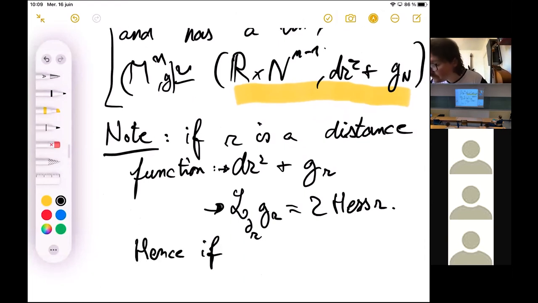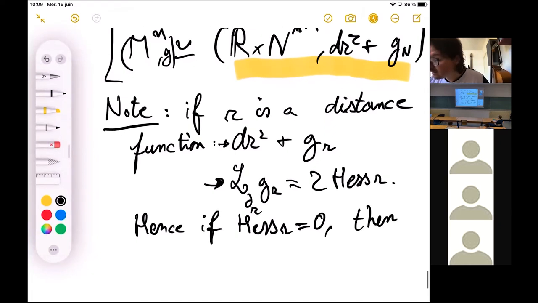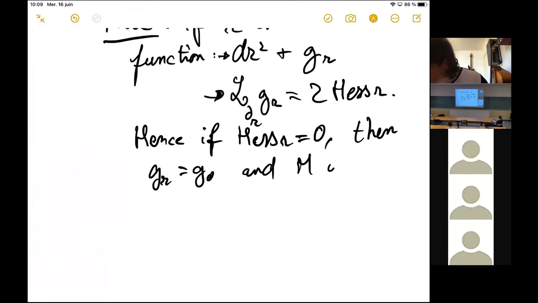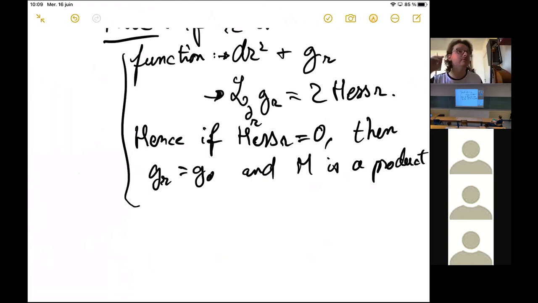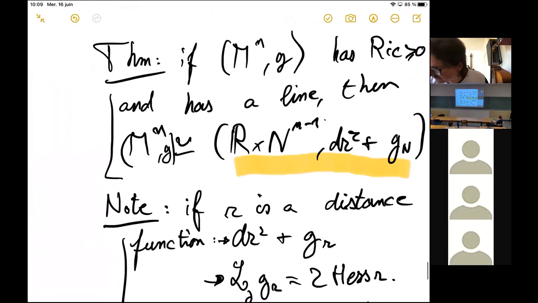So if the Hessian of r is equal to 0, then g_r is equal to g_0, and M is a product. Is this isometric splitting? Yes, this is an isometric splitting.